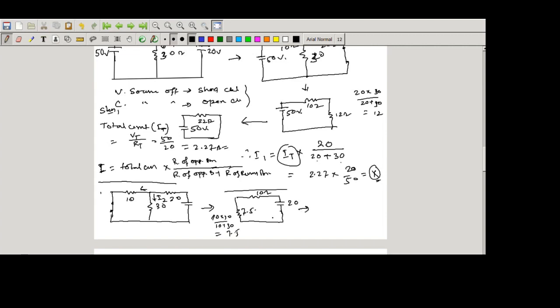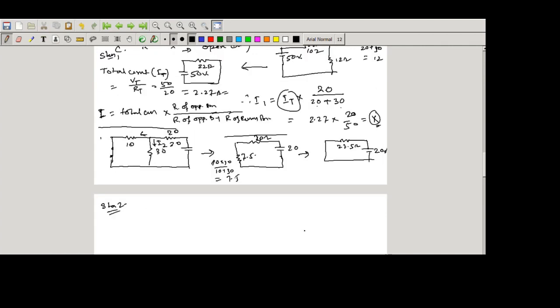Now again we simplify this circuit. Now 7.5 and 10 are in series connection. So we can write this circuit: 10 plus 7.5, sorry, this is the 20 ohm. So 20 plus 7.5 is 27.5 ohm, and this is the 20 volt source.